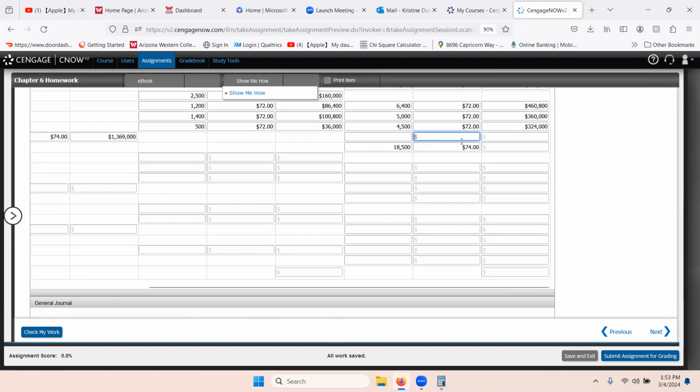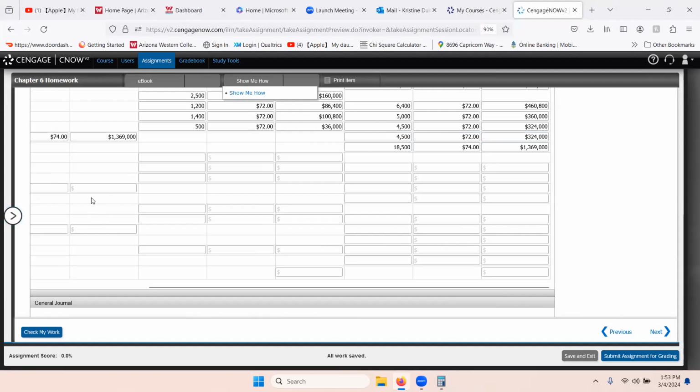Okay, so that's the red batch. Now we need to bring down that orange batch too, at 72 for 324. Okay, that one's going to be 1,369. Yay. Okay.